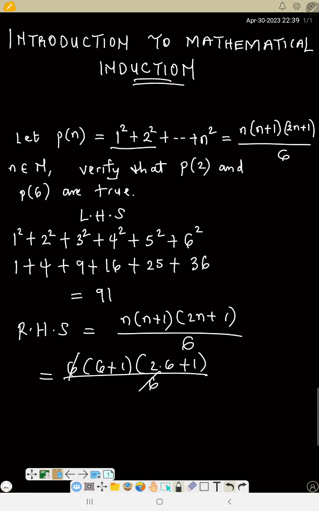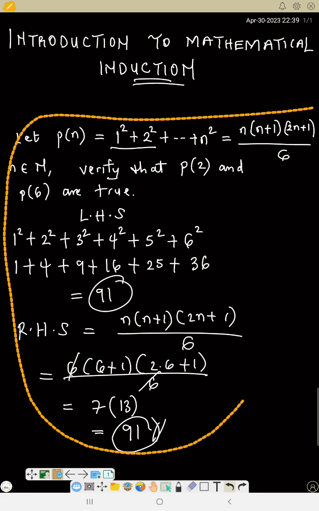So 6 cancels out 6. 6 plus 1 is 7, and 2 times 6 is 12, plus 1 is 13. So 7 times 13 is 91. So it is equal. So P6 is also true. That means this is true.